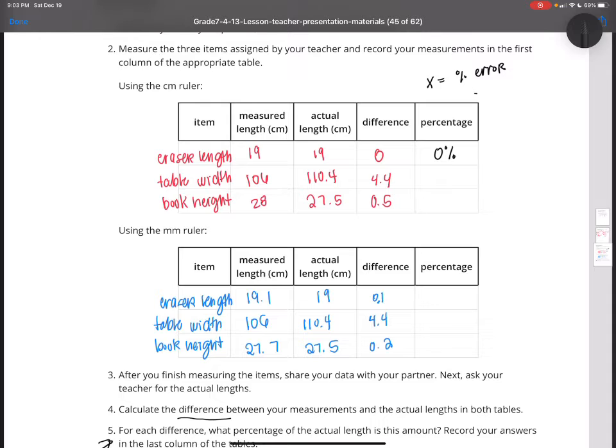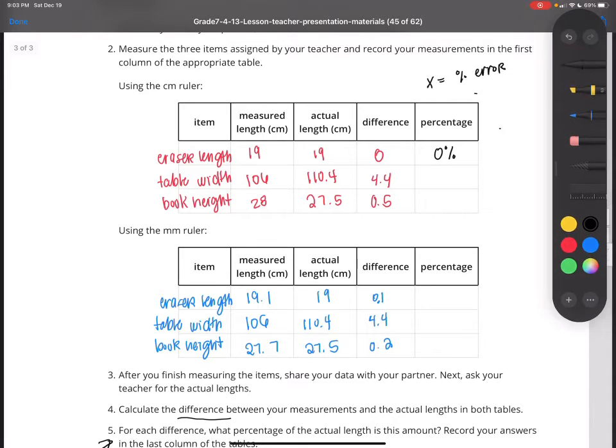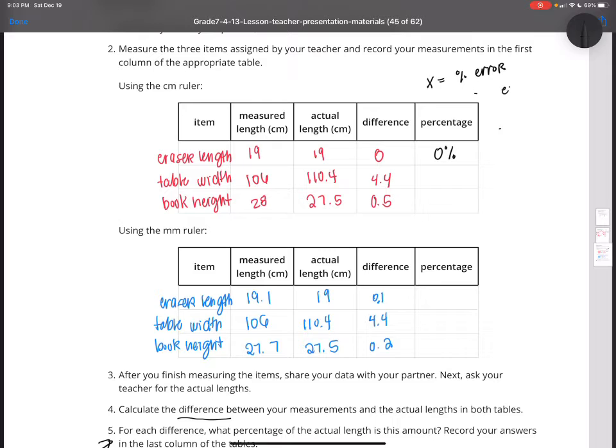The difference was 4 4/10, so that's my numerator, and I'm going to put that at the top. I'm going to put the error over the actual is equal to the percent over 100. And of course, since we're trying to find the percent, that's the one we're going to be finding.